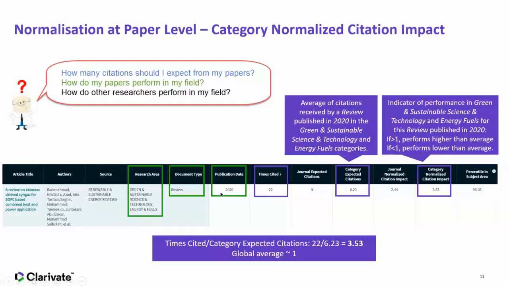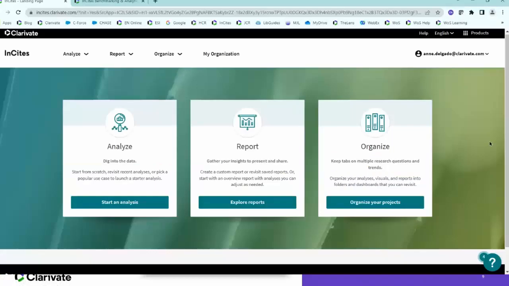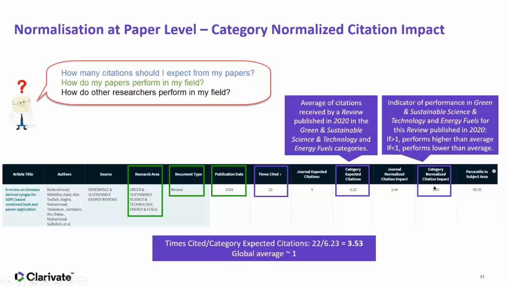We calculate, for this publication date, document type, and research area, what the average of citations is, and in this way I can know if my total number of citations is higher or lower than the average. And this is how we calculate the division, the CNCI, category normalized citation impact. In this image that we see here, it's far higher than the average, almost 4 times higher. So this is a very good sign.